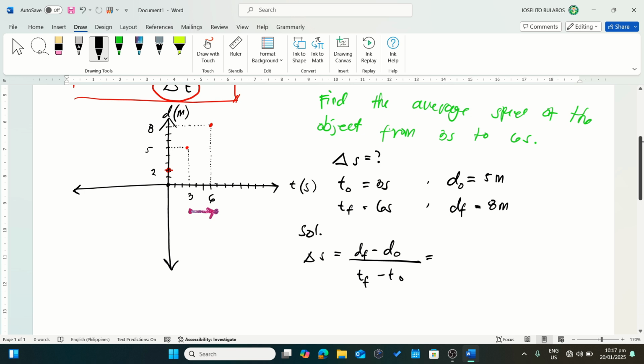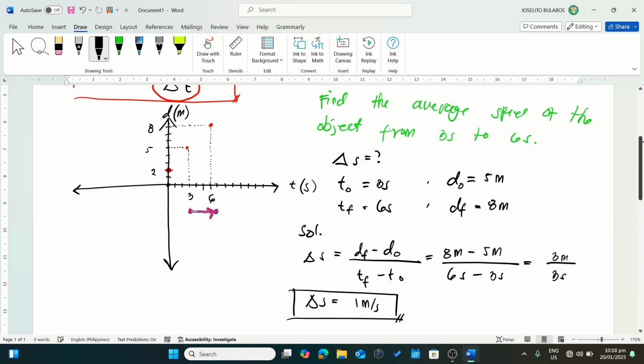So for df, that's 8 meters, for d0, that's 5 meters, for tf, that's 6 seconds, and for t0, that's 3 seconds. So we get 3 on top and also 3 at the bottom. So we divide and we get a value of 1 meter per second.